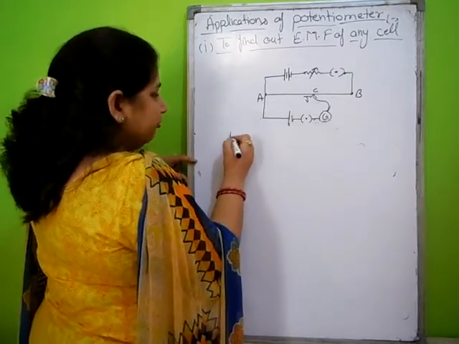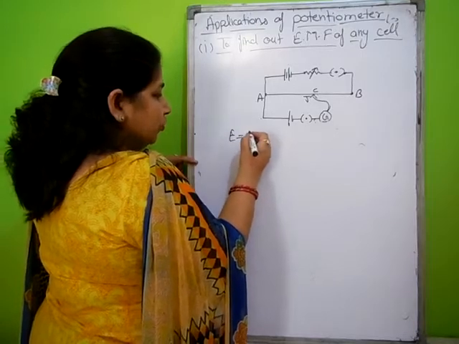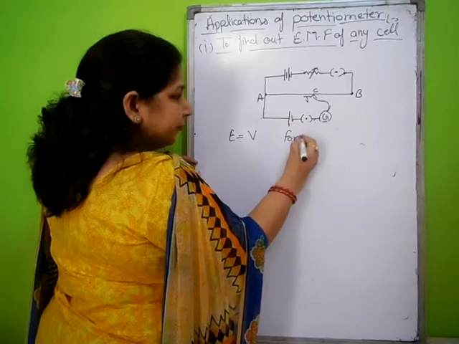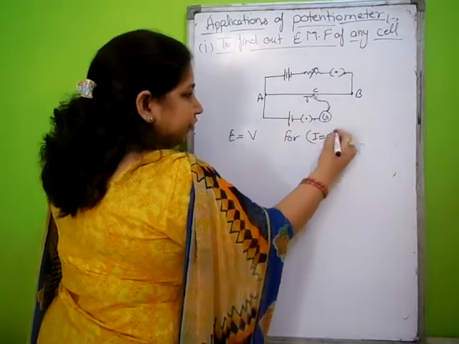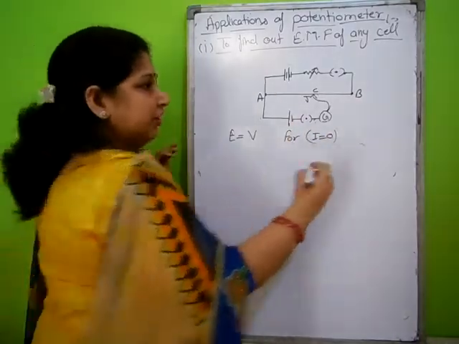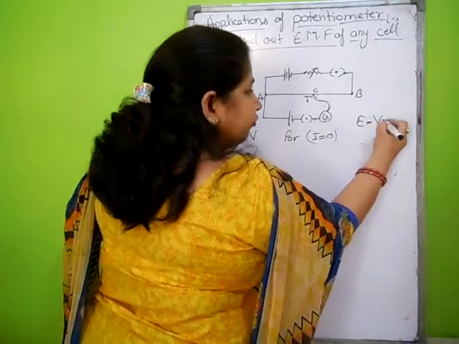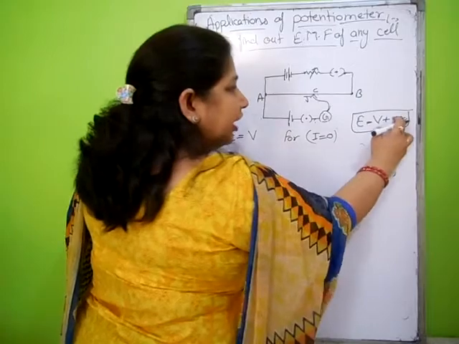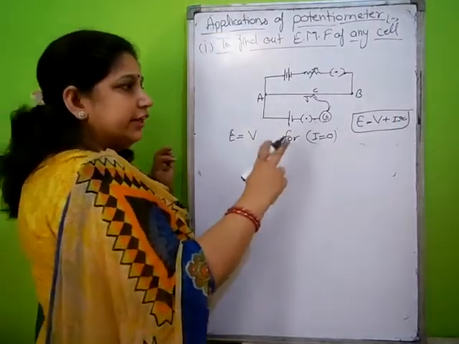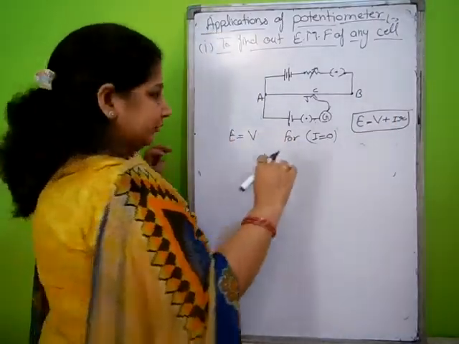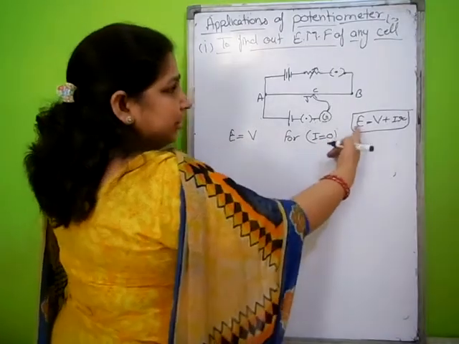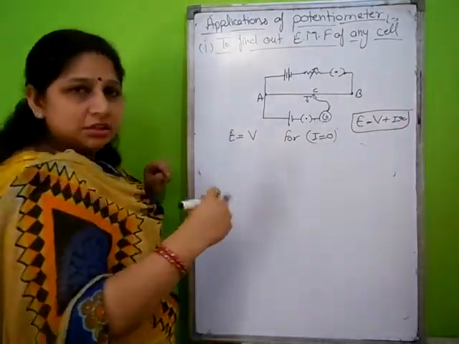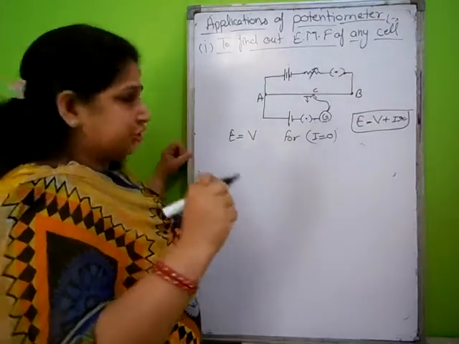Here the potential of E is equal to V for I equal to 0, which we have previously done. We have done E is equal to V plus Ir. Got it? If I is equal to 0, then E is equal to V. Means total EMF is equal to potential plus the potential drop across the internal resistance of the cell.